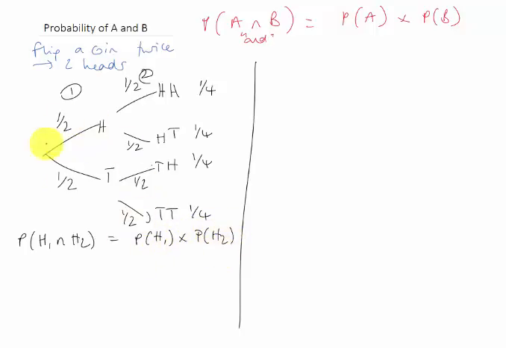So the probability of heads on the first is 1/2, and the probability of heads on the second is 1/2. So 1/2 times 1/2 is 1/4, so we come to the same thing. So you can do that the same way.